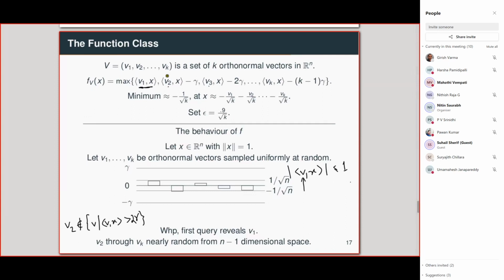It tells you that you didn't get lucky and get V2 as the answer. So V2 is not one of those lucky vectors. So it does leak some information. So we can't actually say that V2 is at random after the first query. But if you use a cheating oracle, which only gives you the answer of this, then we can actually say V2 is random because V2 was not involved at all.